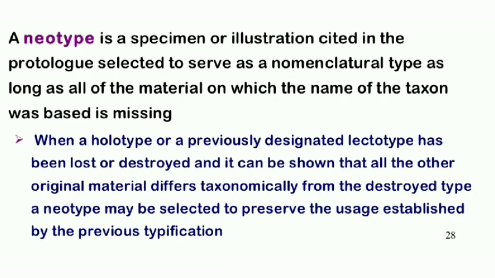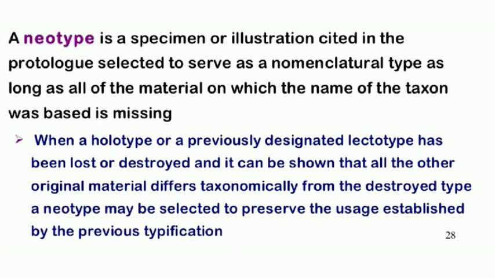Okay. There is a short note on this. Just look: when a holotype or previously designated lectotype has been lost or destroyed, and it can be shown that all the other original material differs taxonomically from the destroyed type, a neotype may be selected to preserve the usage established by the previous typification.